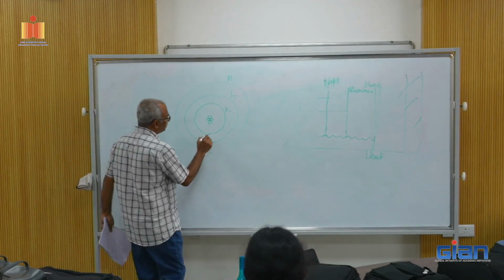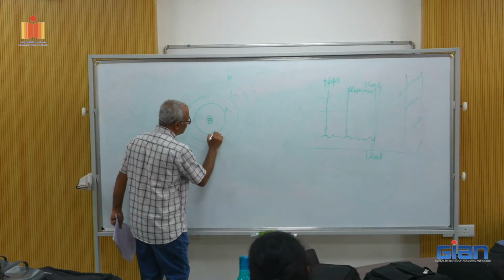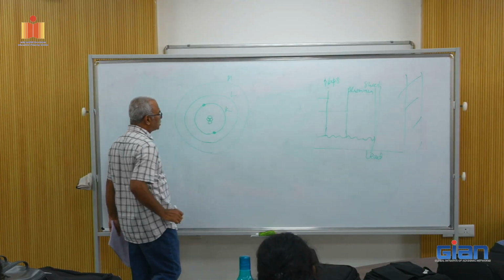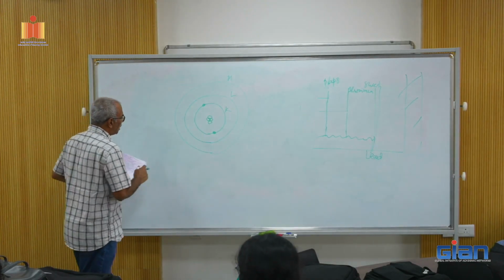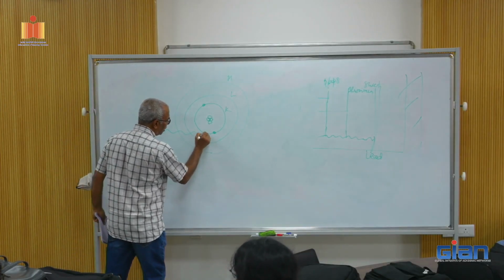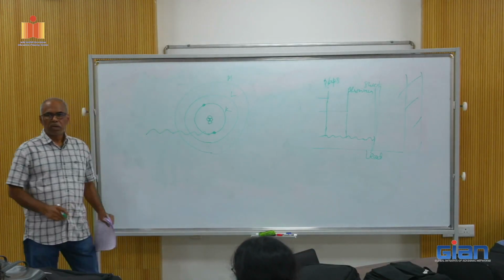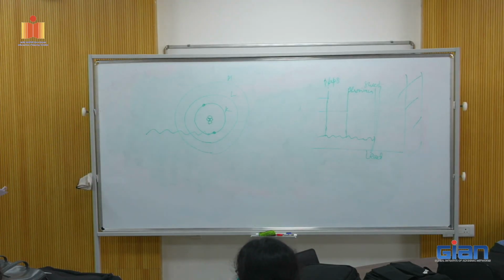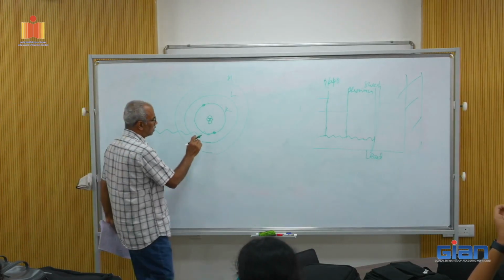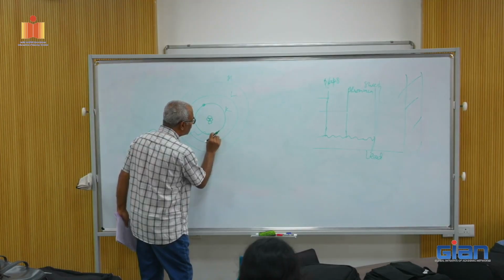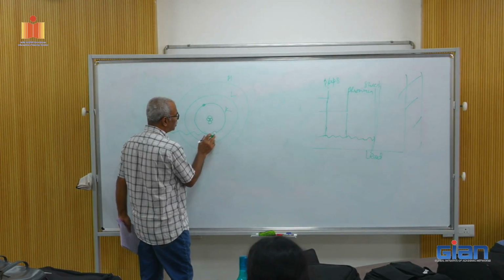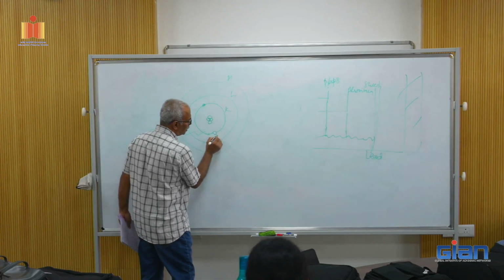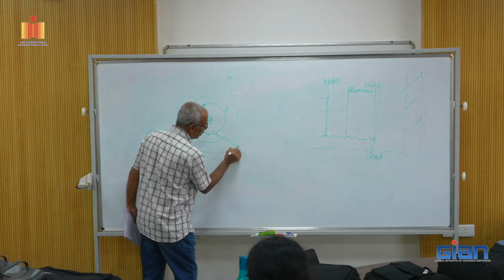We know that in the K shell you have 2 electrons. Now when a photon hits an electron in the K shell, it knocks out the electron. Once it knocks out, there is a hole here now. So the electron goes out.